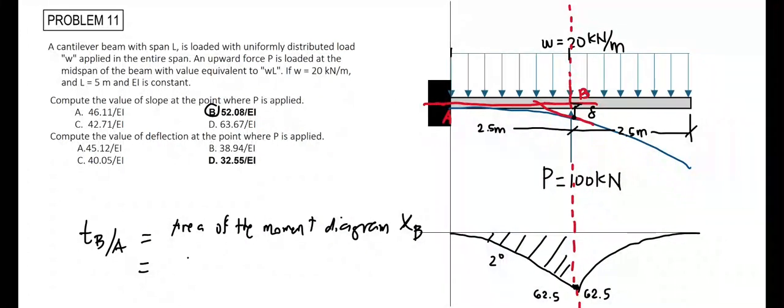So the area of the moment diagram between A and B is equal to 1/3 times the base of 2.5 times the height of 62.5. Multiply this by the distance going from the centroid of this curve here to the reference line. That is a value equal to 1/4 of the length of the parabolic curve, which is 2.5 meters.